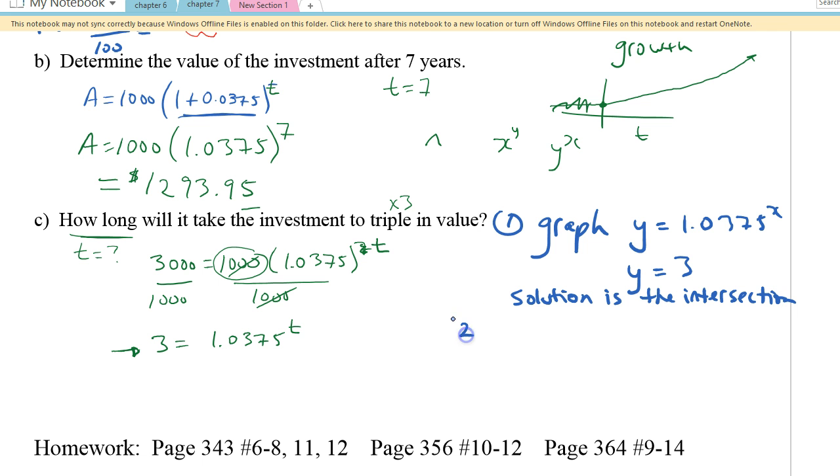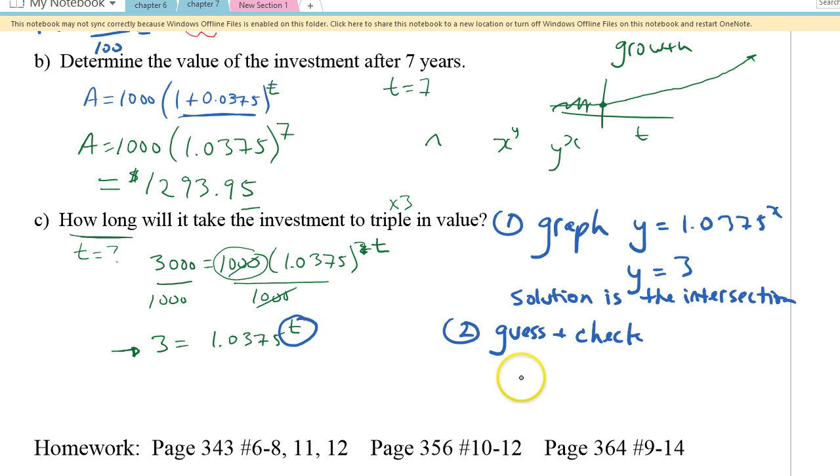The second way that you could solve this is a bit of guess and check. You're going to say, what value of t will give me an answer pretty close to 3.